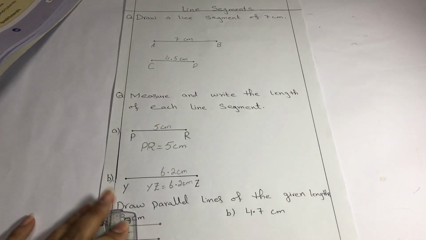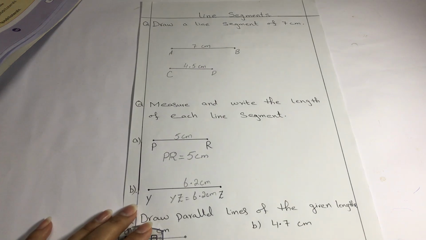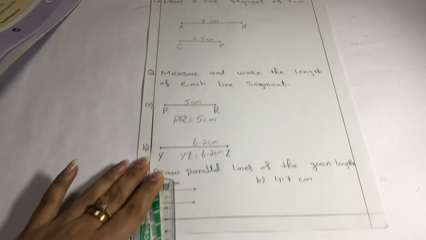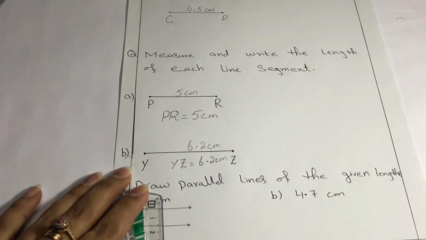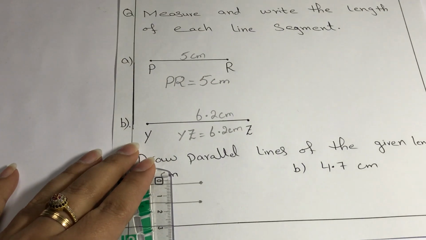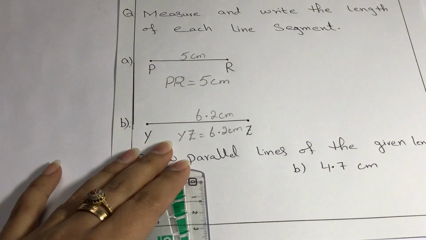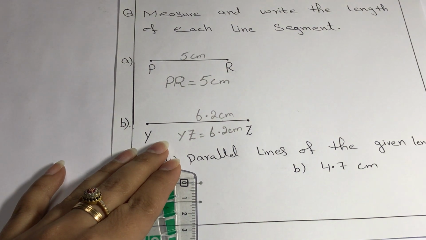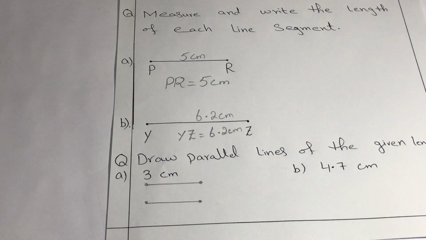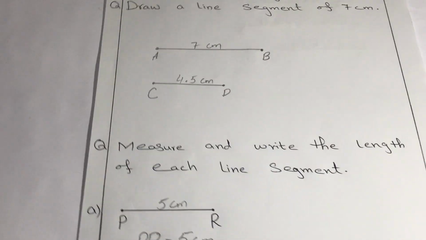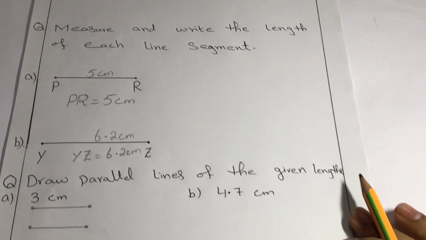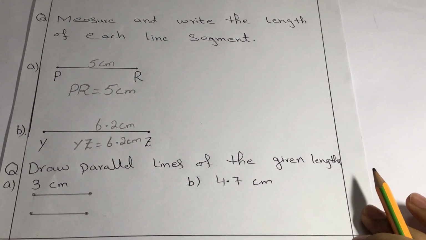If you want to measure, let me zoom it a little for you so you can see it easily. You can see my distance is 1.2 centimeters from each point, right? So these are the two parallel lines of 3 centimeter.